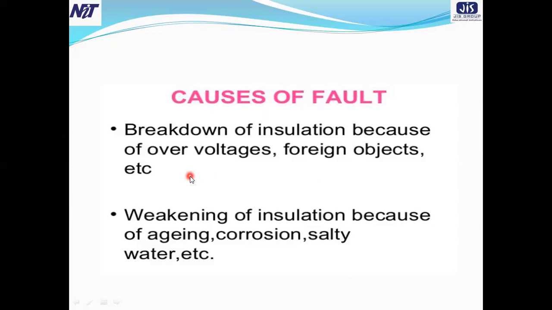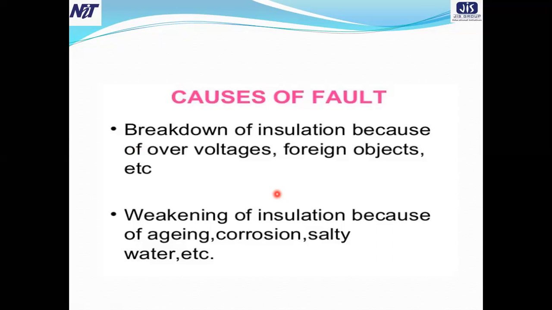Why does this insulation breakdown happen? Because of over voltage, and also some foreign objects, or any weather related issue or different types of problems you can find in the environment. For that, sometimes the insulation may break down. So breakdown of insulation because of overvoltage and foreign objects, etc., is one of the causes of the fault.